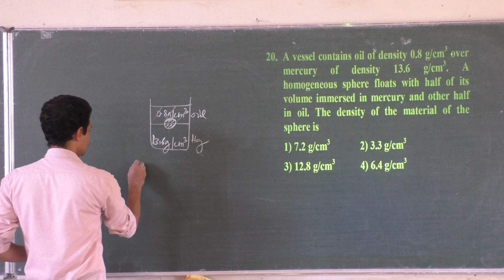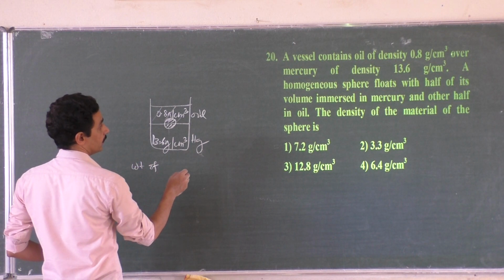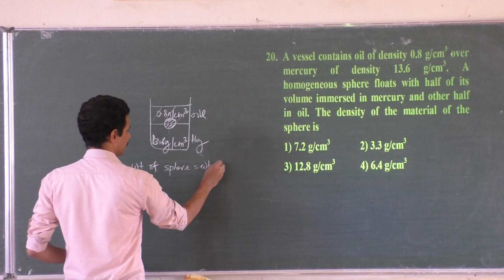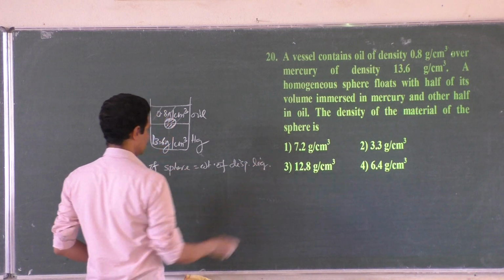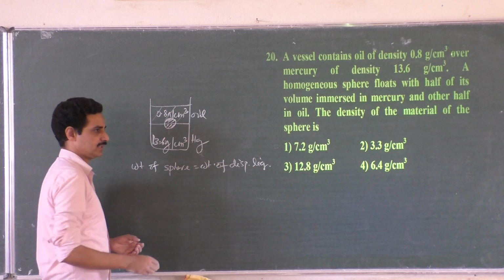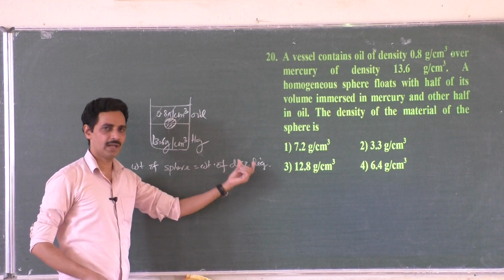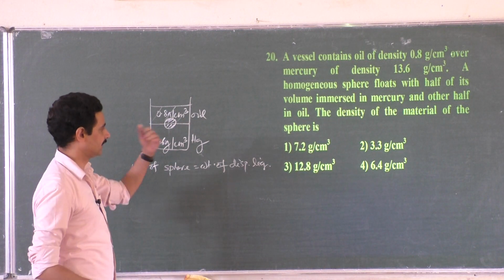So the weight of the sphere is equal to the weight of the displaced liquid. Now how do you find the weight of the displaced liquid? The weight of the sphere is mg, and everywhere g I will leave, the acceleration due to gravity, since it gets cancelled.